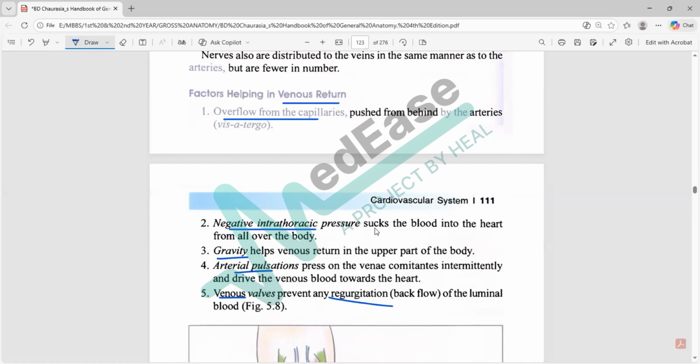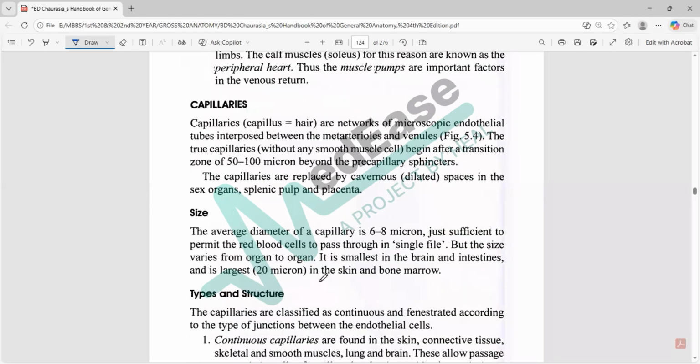Now, when we talk about the capillaries, we need to remember something very important for them. The capillaries are normally about 6 to 8 microns in diameter, but their size usually varies according to the different organs. Normally, there are continuous capillaries present in most of our structures.